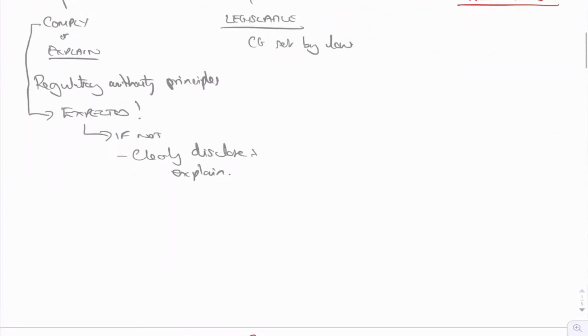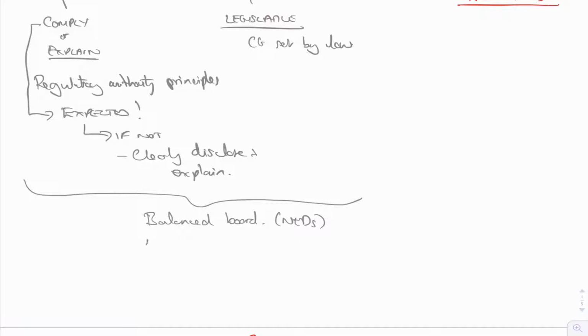Now, both of these approaches deal with things like having a balanced board, thinking of having lots of NEDs, having a mixture of skills and experience. They also talk about how you would choose your executive directors, how you would appoint them, how you would remunerate them.